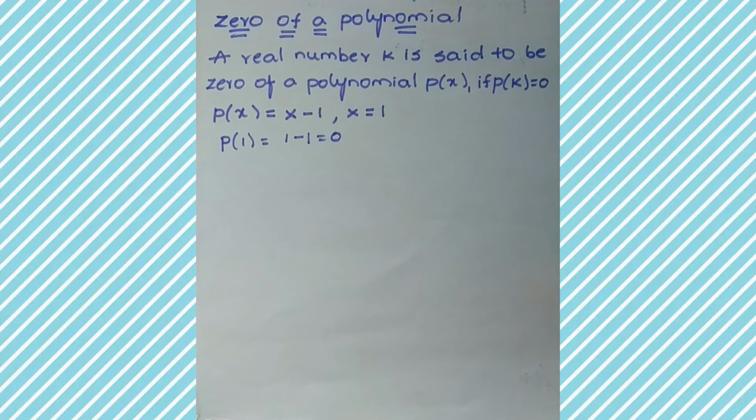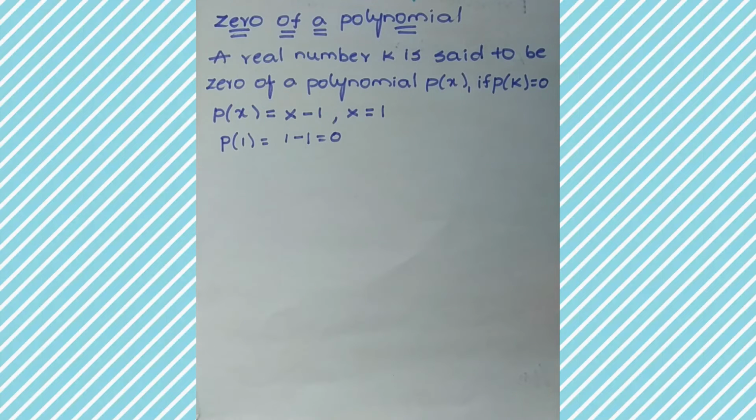Now let's move on to the next topic, zero of a polynomial. A real number k is said to be a zero of a polynomial p(x) if p(k) is equal to 0. What is p(x)? Any polynomial is represented as p(x).